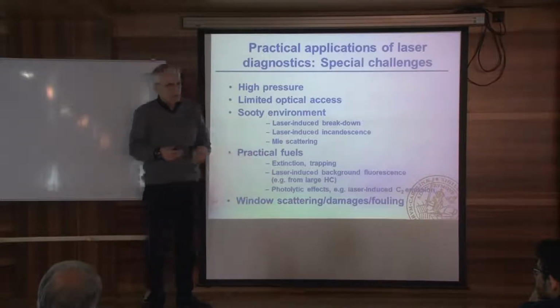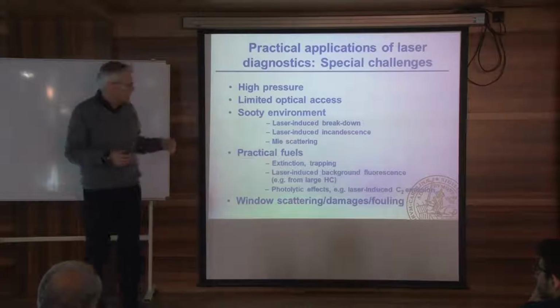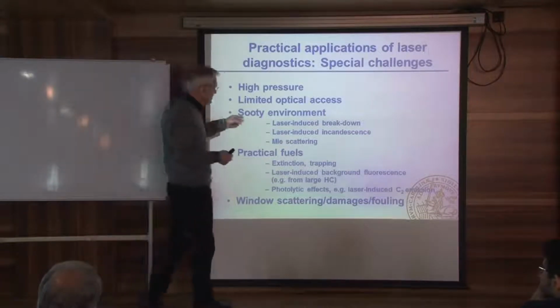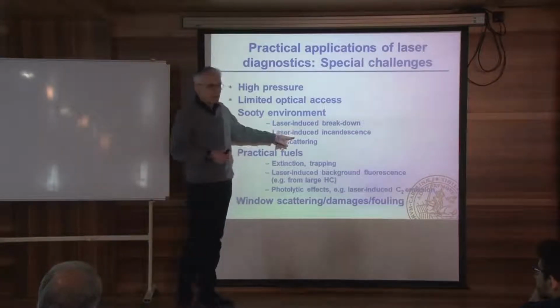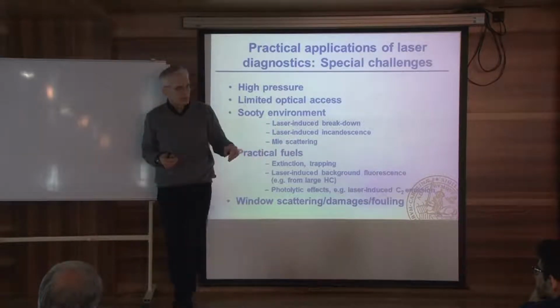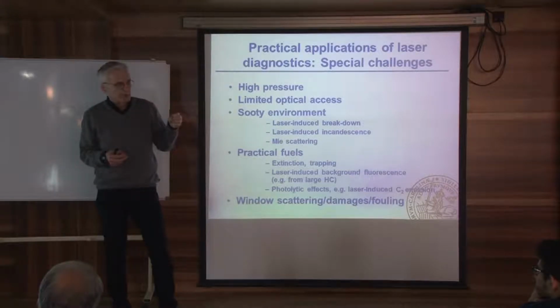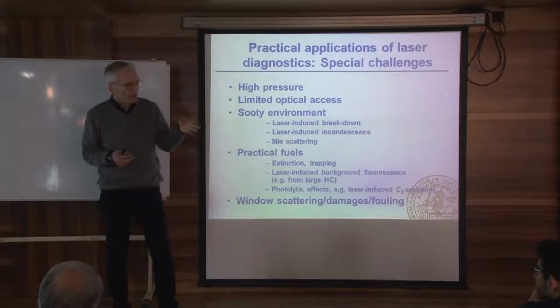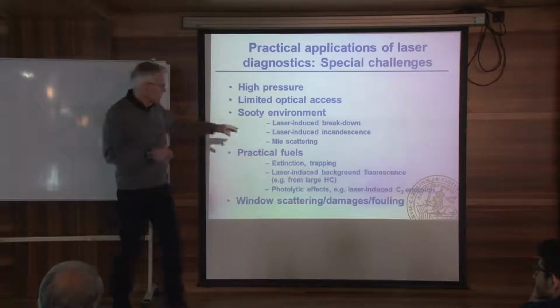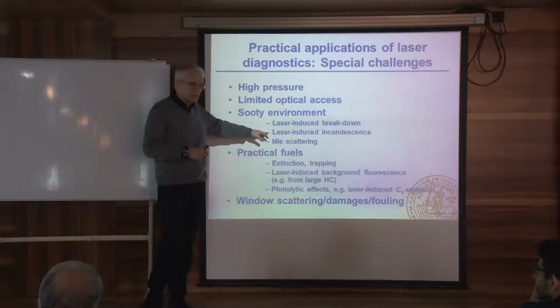If we measure in a sooty environment, and if we want to look for soot, then of course it's good to have laser-induced incandescence. Laser-induced incandescence is a technique to measure soot particles where you, on purpose, heat the particle with the laser beam, and then you look at the increased Planck radiation.